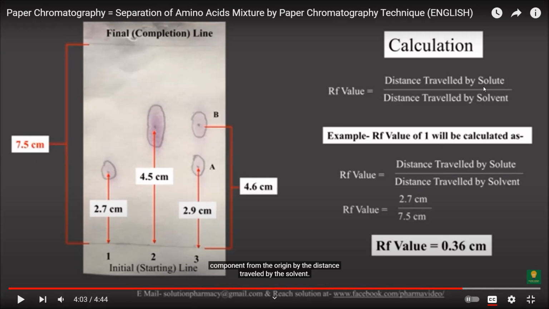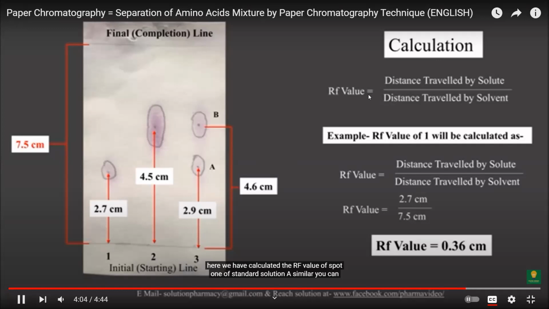Okay, so 2.7 by 7.5, you get 0.36 as the RF value of the first sample. The second sample will be 4.5 divided by 7.5, and the third sample will be 2.9 divided by 7.5. So all these three samples now have different RF values. So you can also conclude that different amino acids will have different RF values.